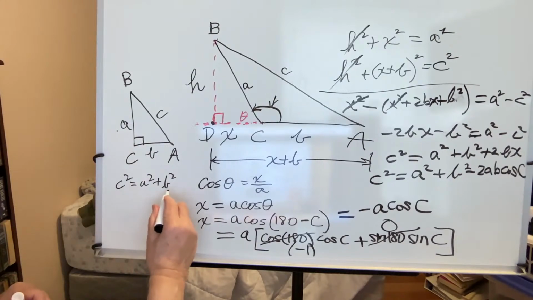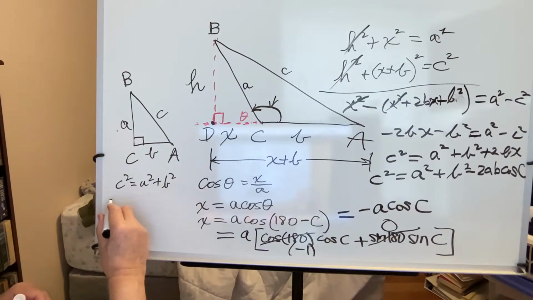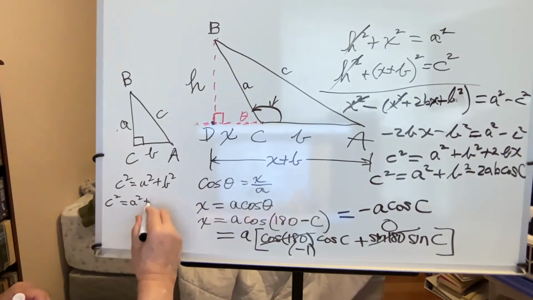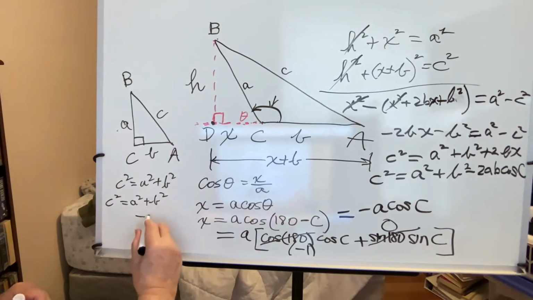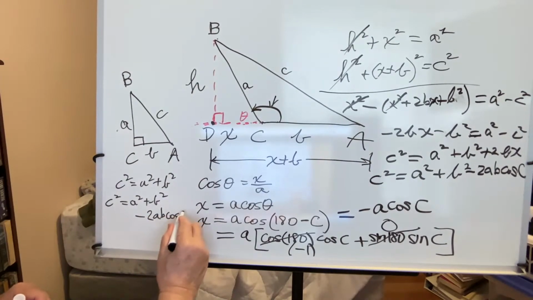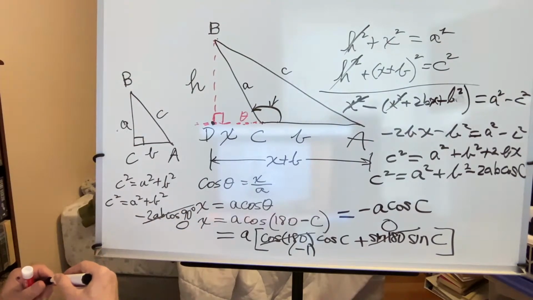Now, this agrees with the law of cosines, because the law of cosines would be a squared plus b squared minus 2ab cosine of 90. Cosine of 90 is 0.